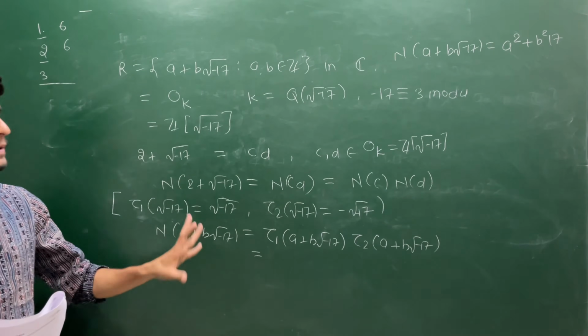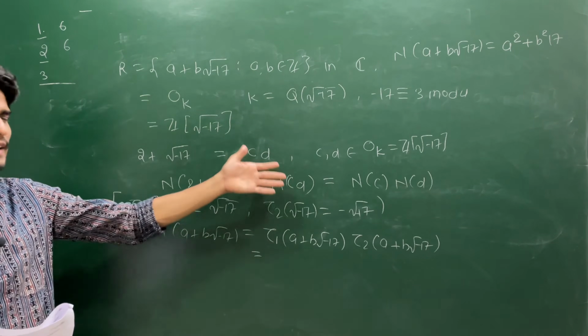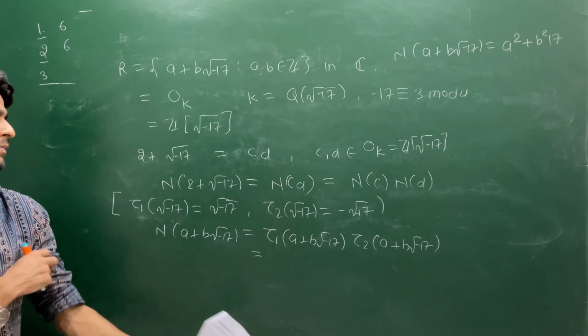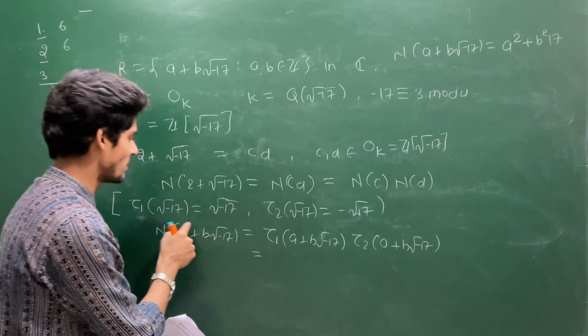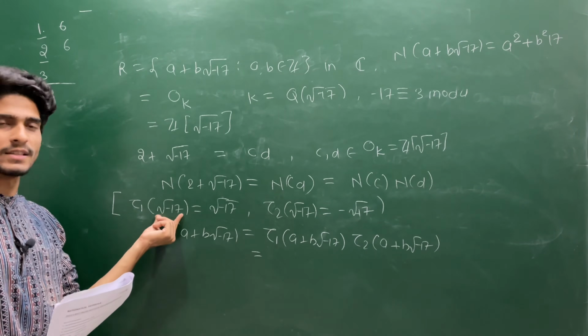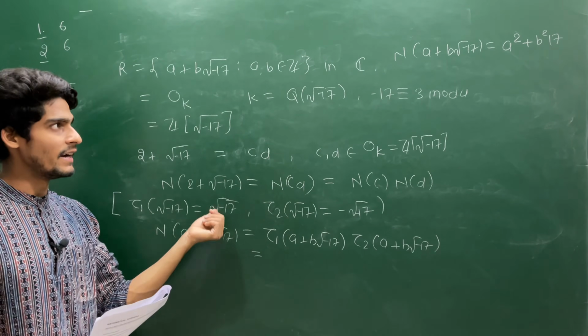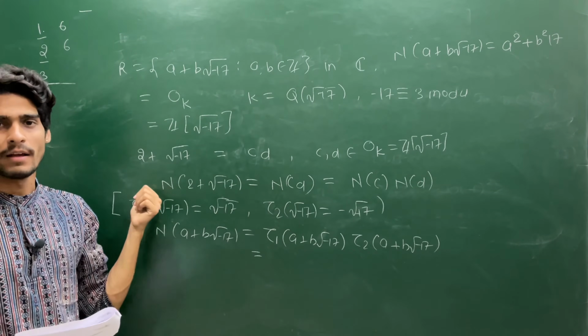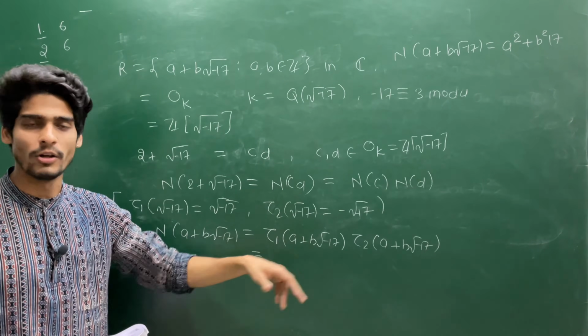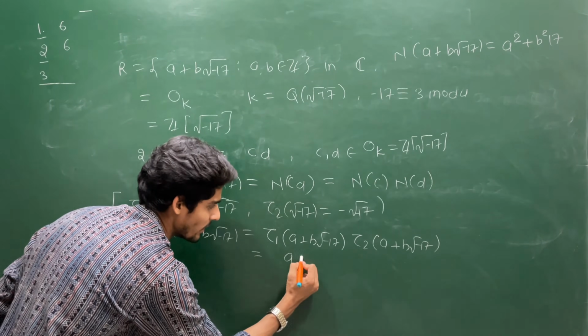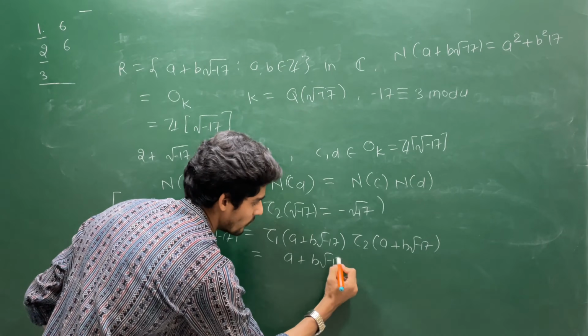If this is going a bit over your head, there is no problem, you can also do it in the general way, but this is the abstract way. This tau 1 is an identity mapping because it is fixing the square root of minus 17, and it also fixes the rationals, being an embedding. So it will send a plus b square root of minus 17 to a plus b square root of minus 17.